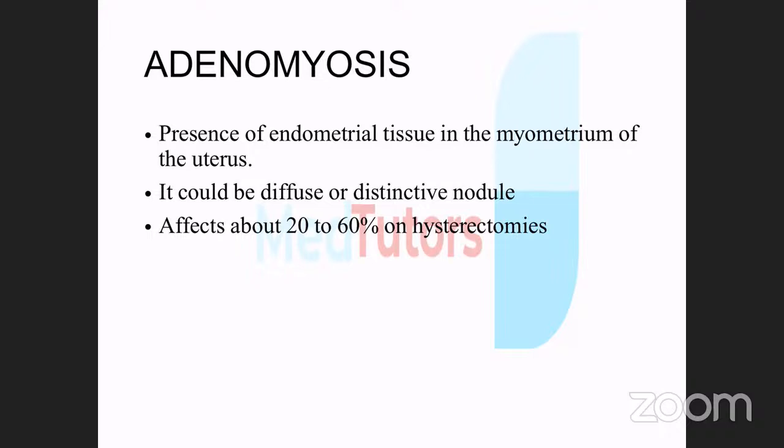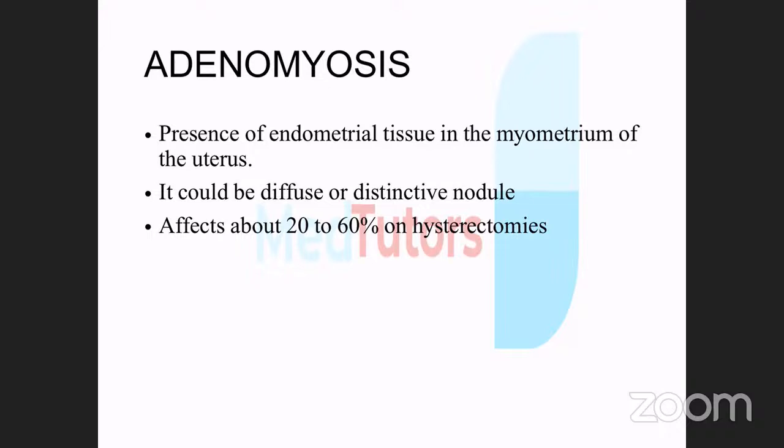And this endometrial tissue may be found as a solitary focus, that's a distinctive nodule, or it may be diffused within the muscle. The diffuse one tends to cause more symptoms and is difficult to treat, while the distinctive nodule is easier to enucleate and treat effectively.